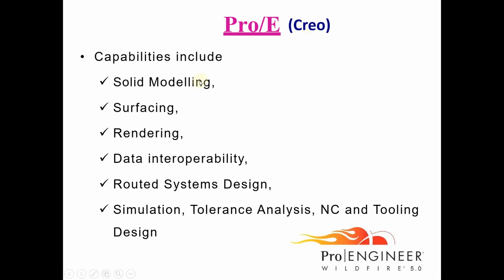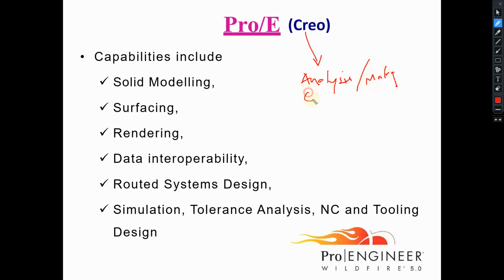Capabilities of ProE or Creo: we can do solid modeling, surface modeling is possible, rendering, data interoperability, routed systems design, simulation, tolerance analysis, NC and tooling design. So what is data interoperability? Data interoperability means once we create a model in Creo, we can easily export it to other analysis or manufacturing softwares, CAE and CAM softwares.